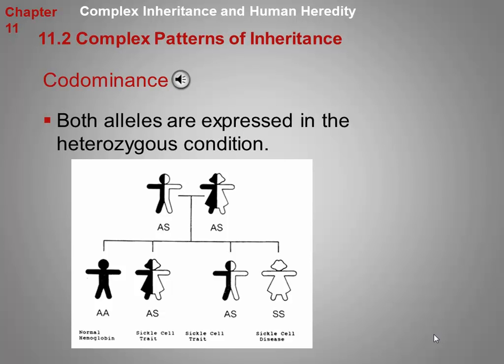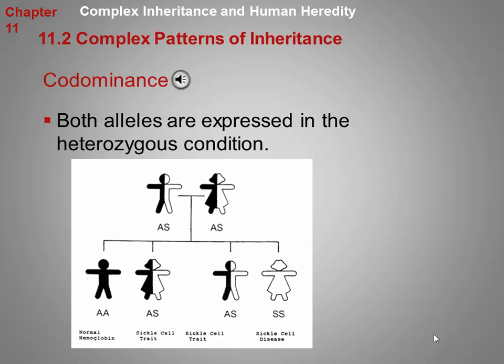Another is codominance. And in this case, when you have the heterozygous condition, both traits get expressed. One place we see this is with sickle cell disease. In sickle cell disease, you have red blood cells that are shaped like a sickle, or C-shaped, which you can see in your book on page 303.